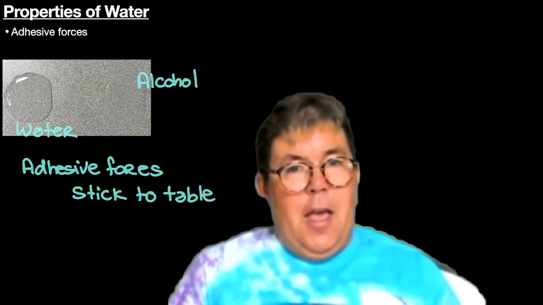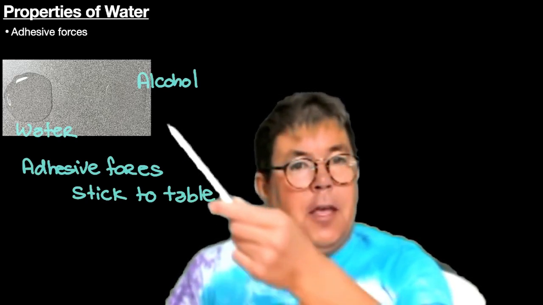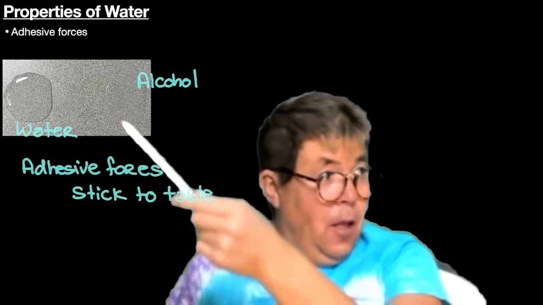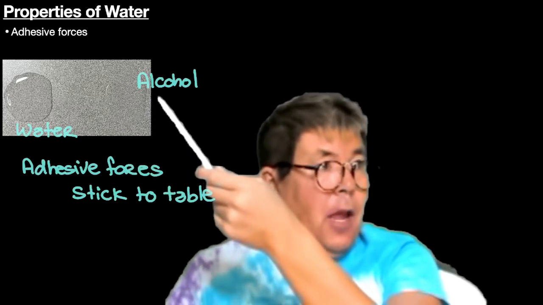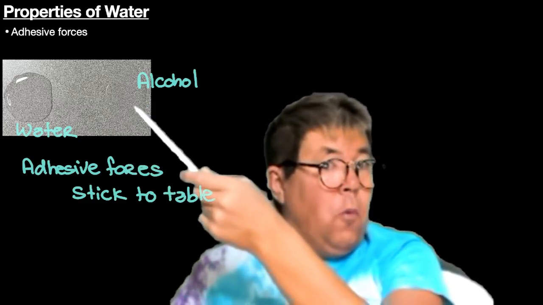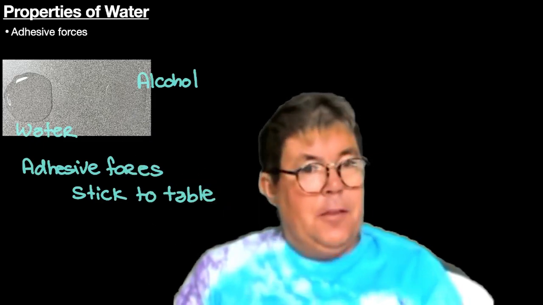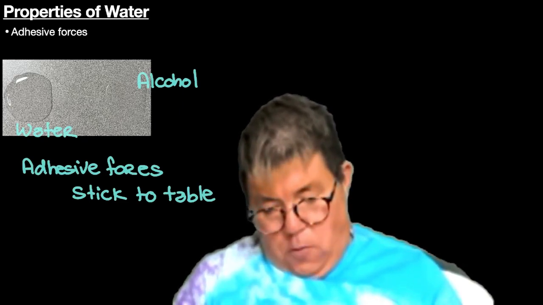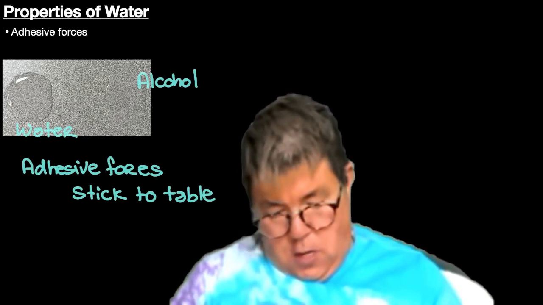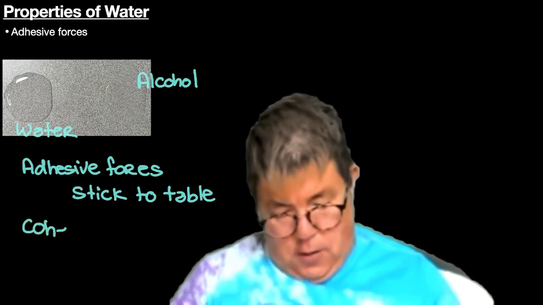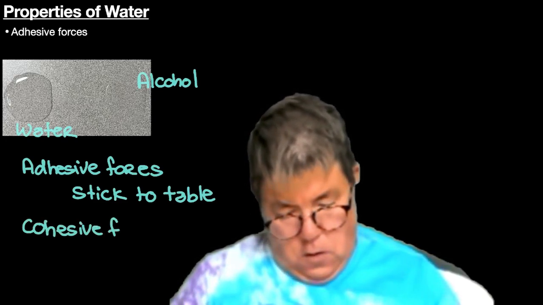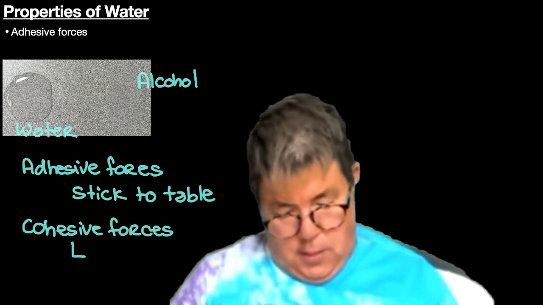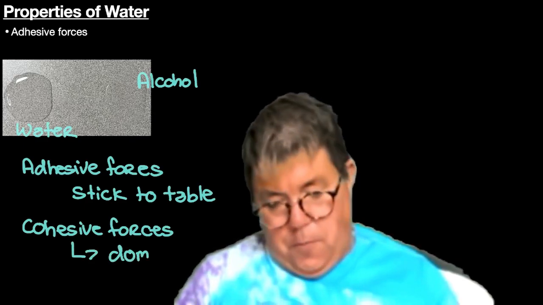So there are adhesive forces for both the alcohol and the water, but if you were to tip the table over, you would see that the alcohol would pour off a lot faster because the adhesive forces are a lot weaker. And then we have cohesive forces that make the dome shape.